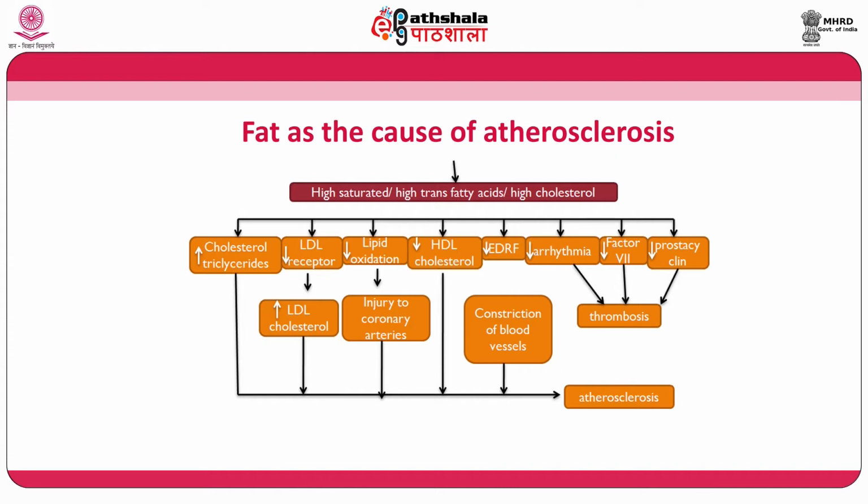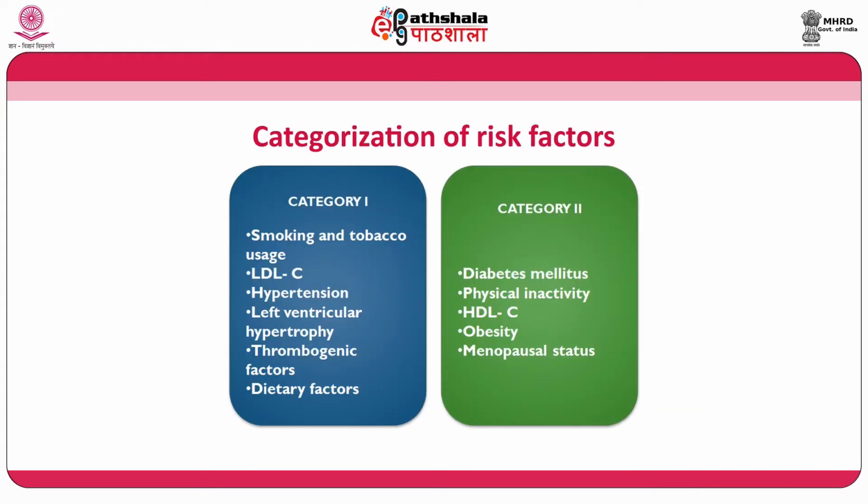The risk factors include category 1: smoking and tobacco usage, LDL cholesterol, hypertension, left ventricular hypertrophy, thrombogenic factors. Category 2 includes diabetes mellitus, physical inactivity, HDL-C cholesterol, obesity and menopausal status.